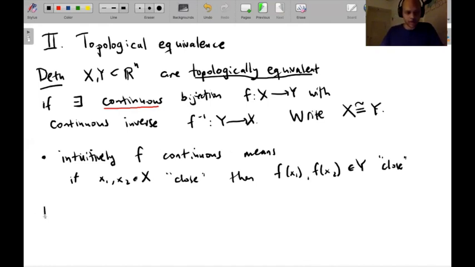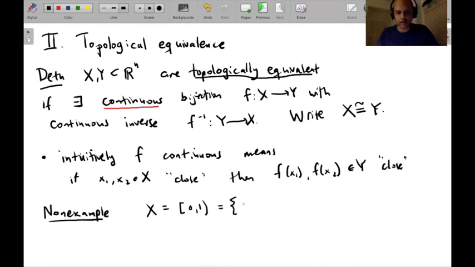So let me start with a non-example. If you want to understand the definition, it's good to understand when it goes wrong. So let's take X to be an interval like this, by which I mean points in the real line between 0 and 1, including 0, not including 1.